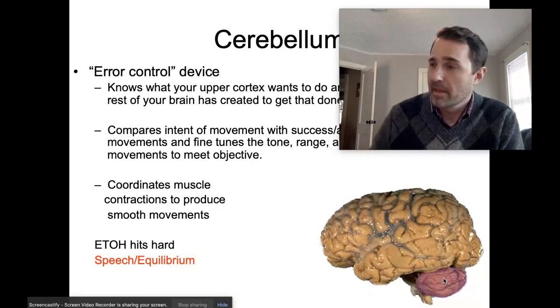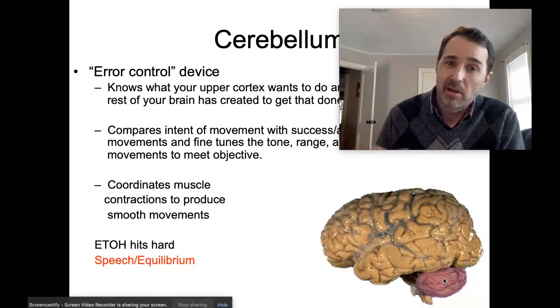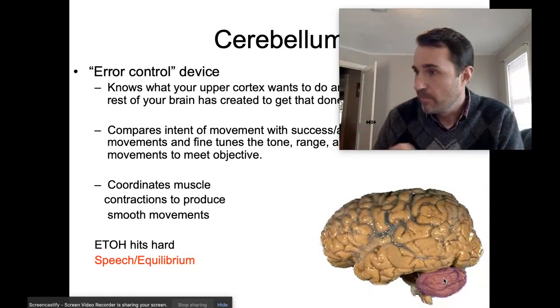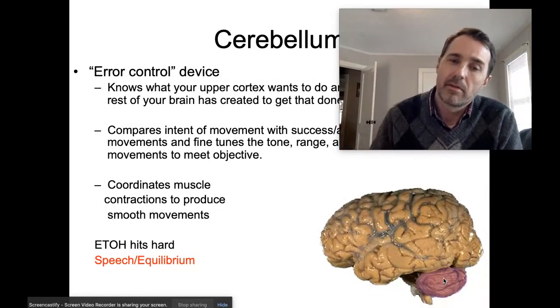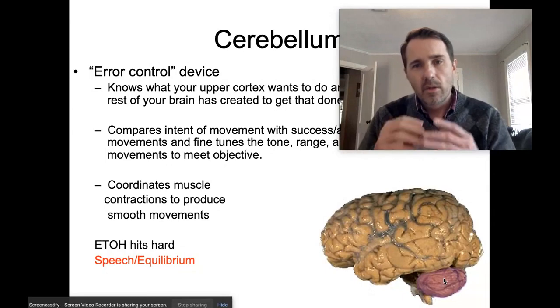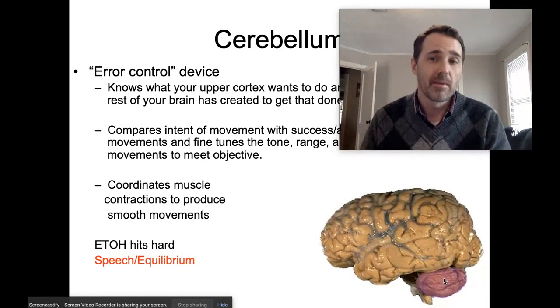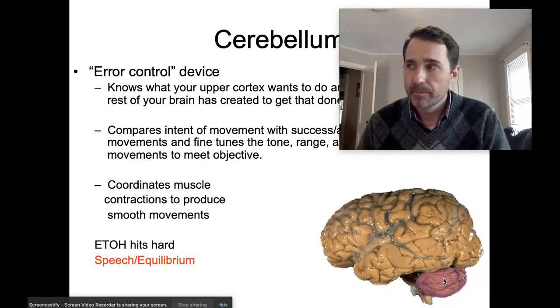That's because normally their hand would zero in on it successfully, but because the cerebellum has turned off, their hand shoots past it and knocks it over. So the more coordinated movement needs to be, the more the cerebellum is involved.